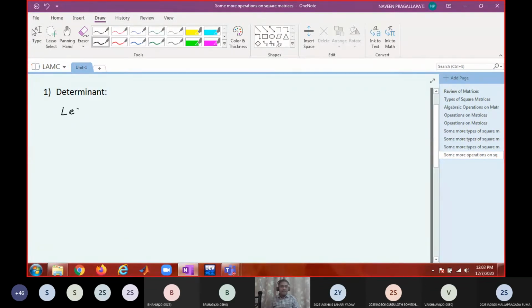Then how do we define det A? What is the determinant of a 1 by 1 matrix? We define it as the entry itself, A11.